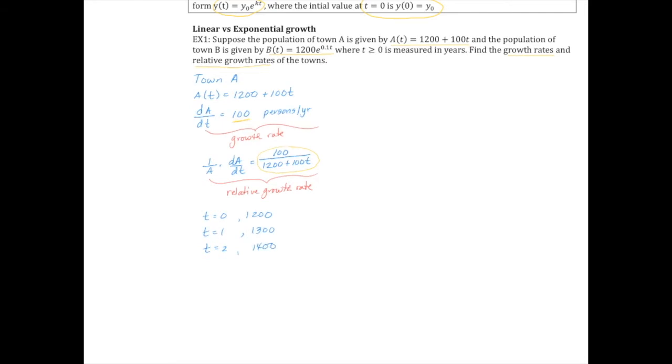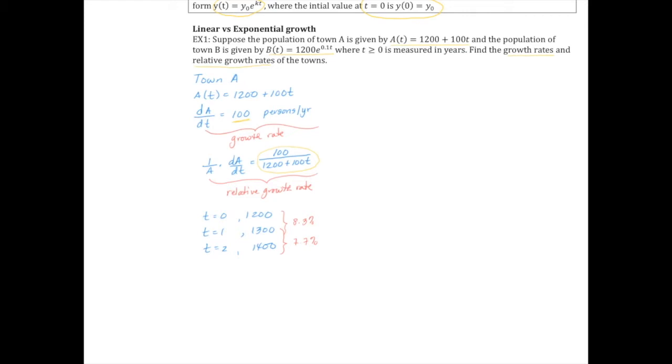So when you look at the growth rate here, the increase from 1200 to 1300 would be something like 8.3%. But then from 1300 to 1400, it drops to 7.7%. Okay, so the relative growth rate is the percent increase relative to the year.